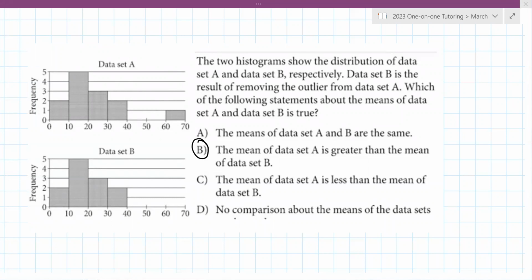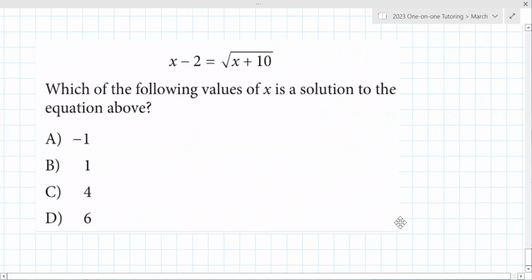Okay, let's look at another problem here. Go ahead and take a look at this.